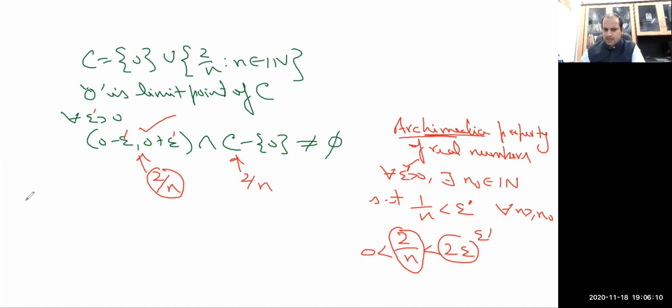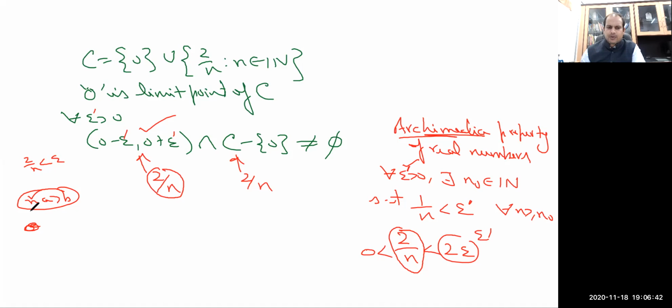So this claim comes from the Archimedean property of real numbers. This statement says that if A and B are any positive real numbers, then there will exist n such that nA is greater than B. So using this, one can show that in between 0 and this epsilon, we have 2 by n less than epsilon.